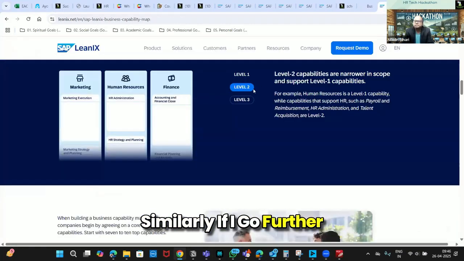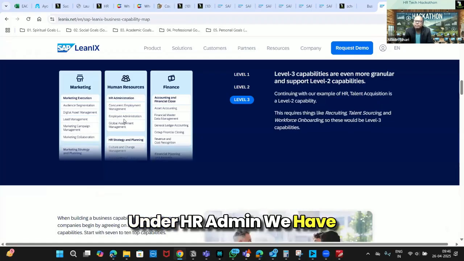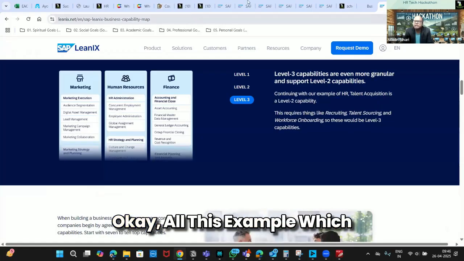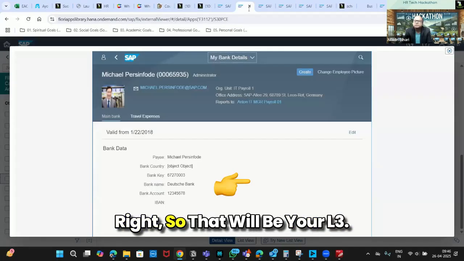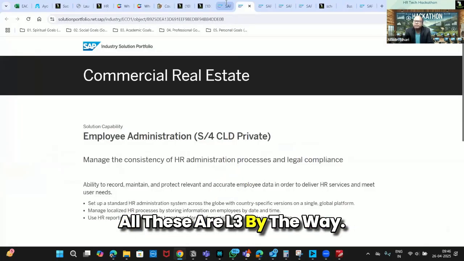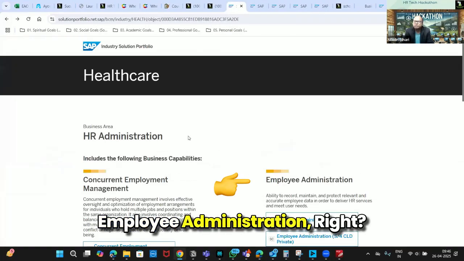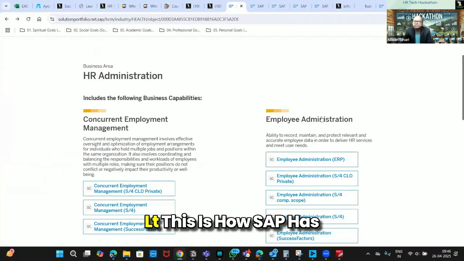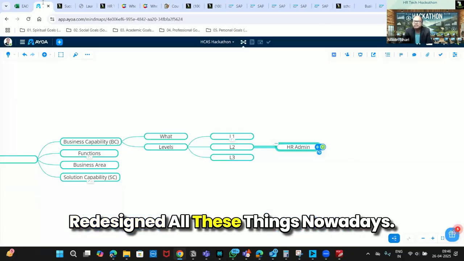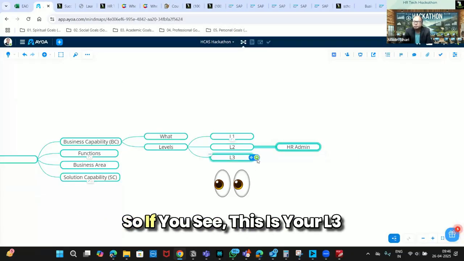Similarly, if I go further, under HR admin we have employee administration. All the examples which I have shown to you will be your L3. All these are L3, by the way. This example, employee administration, is your L3. This is how SAP has redesigned all these things nowadays.